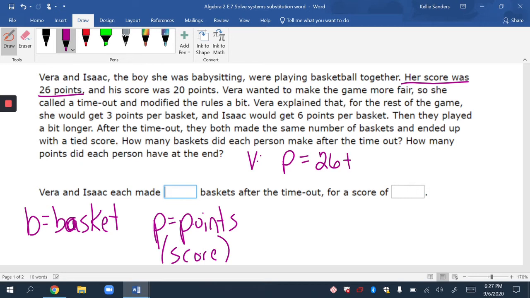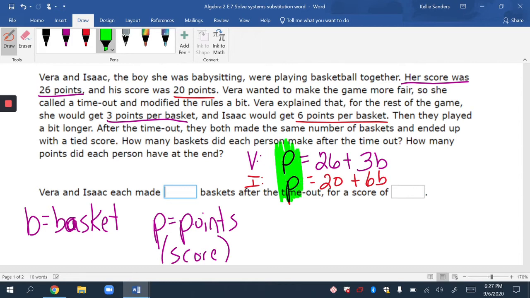But after the timeout, she's going to get 3 points per basket. Isaac, his points, he already had 20, but he's going to get 6 points per basket.